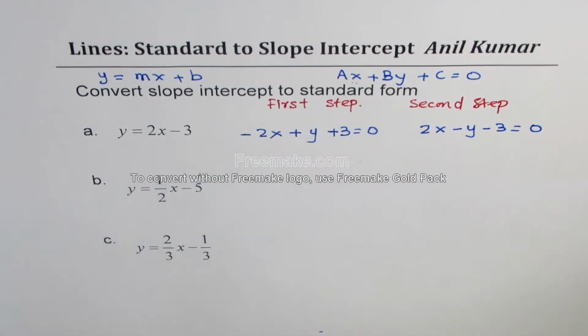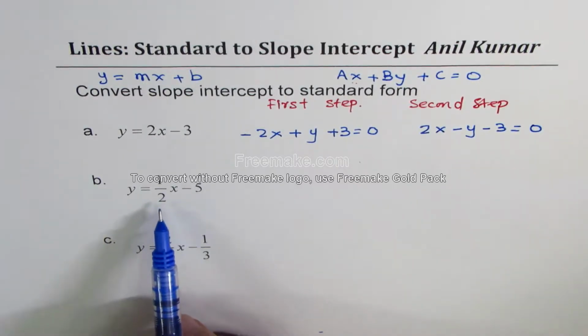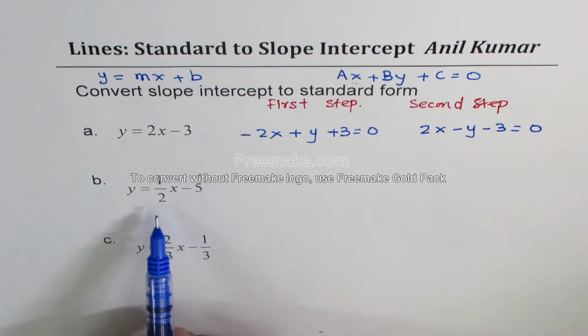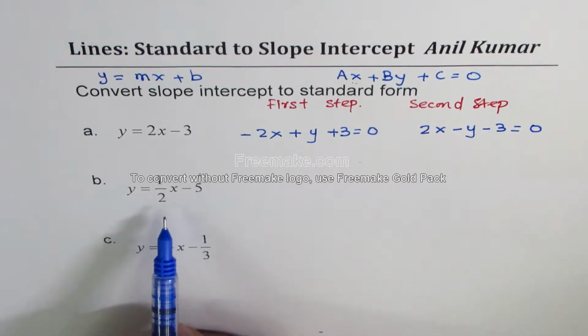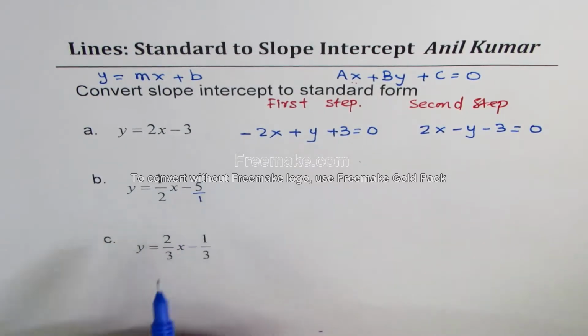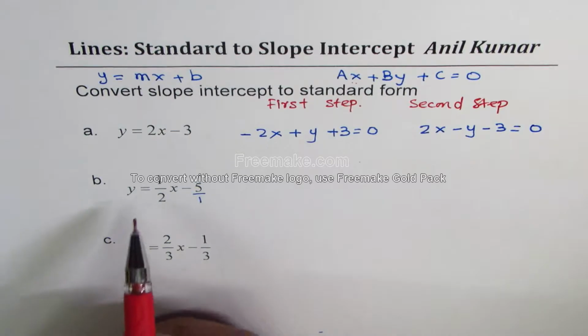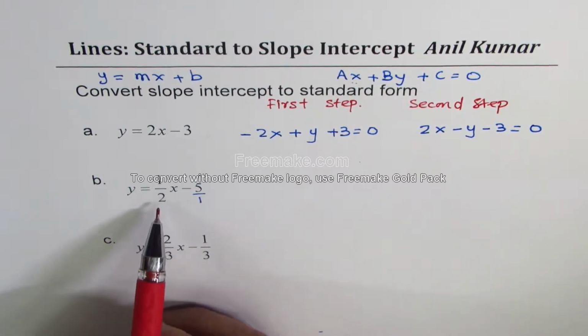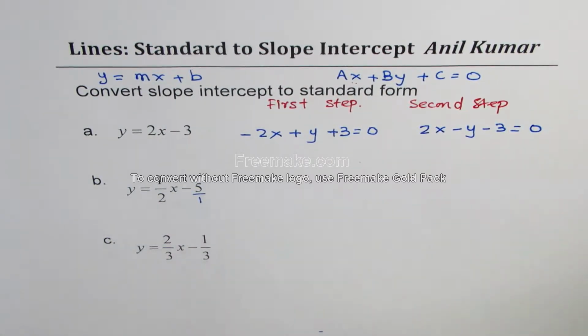Avoid writing a, the coefficient of x, negative. Okay, now let's move forward. In these two examples, we have something in the denominator. So we have to figure out the lowest common multiple. In this case, it is 2. So what we will do here is multiply each term by the lowest common denominator.